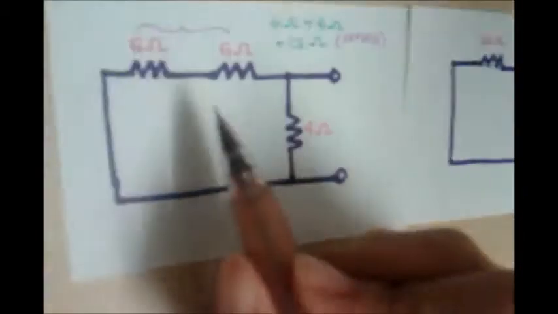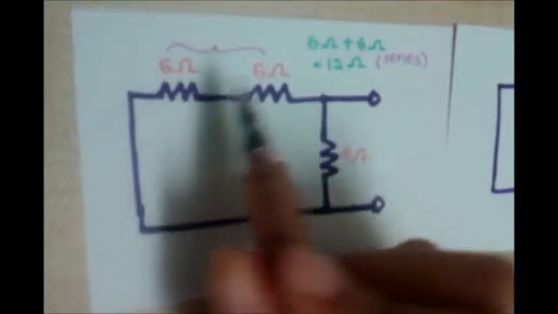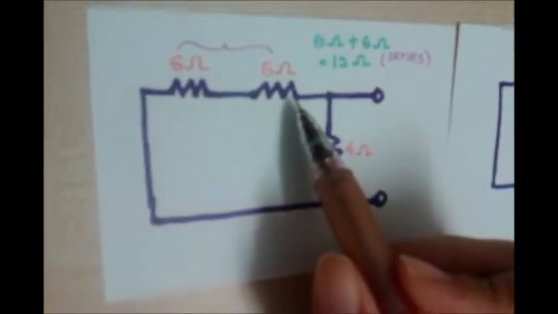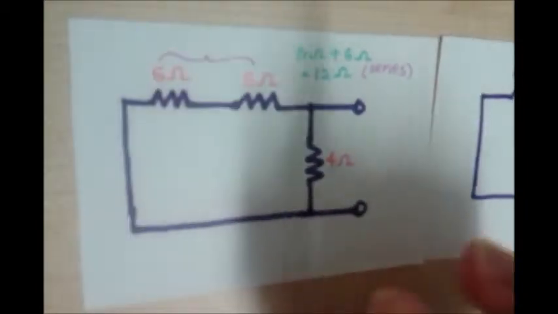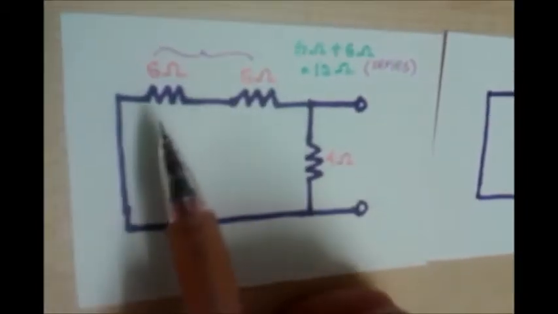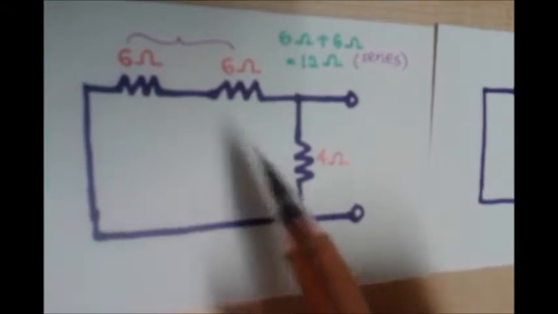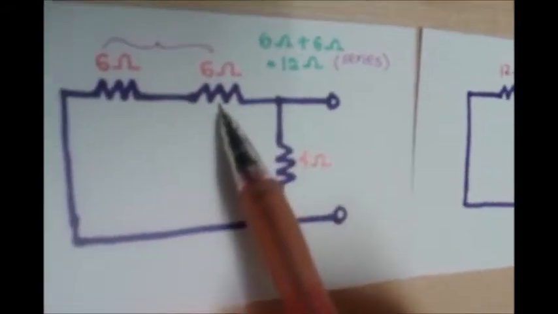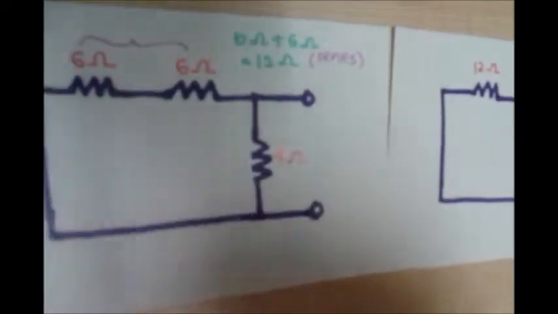We must sum up the 6 ohm and 6 ohm resistor because the resistors are in series.